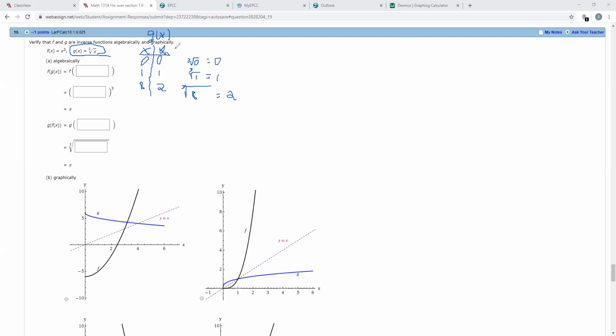Well, that makes sense because if these are inverses of each other, then we know from our discussion that if you have one function with ordered pairs or points, then if you invert these points on one function, 8, 2 is going to invert to 2, 8.